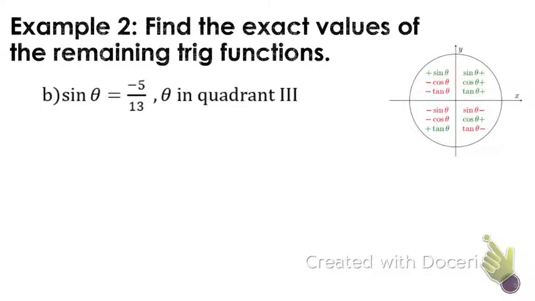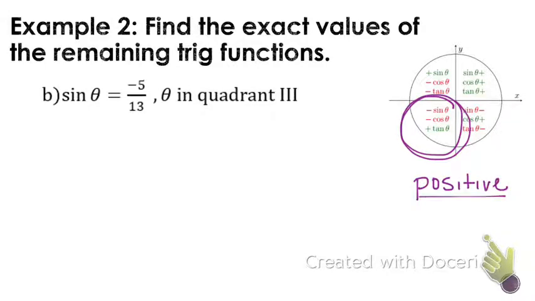So this one, it actually tells us what quadrant we're in. So it told us we're in quadrant 3. And that's important because in quadrant 3, the only thing that is positive is tangent and cotangent.